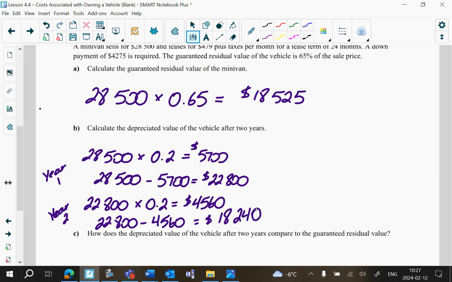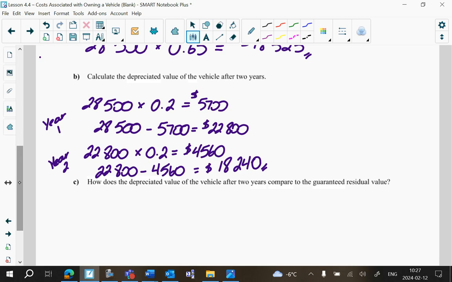Slightly less than the guaranteed residual value that we calculated in A. So that's the comparison between the two. So how does the depreciated value of the vehicle after 2 years compare? Slightly less, only by like $300.